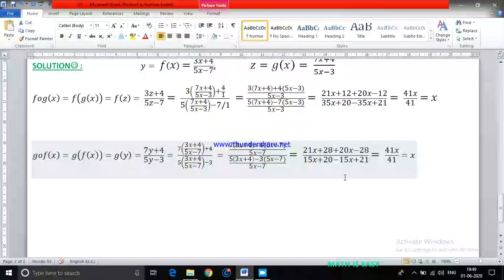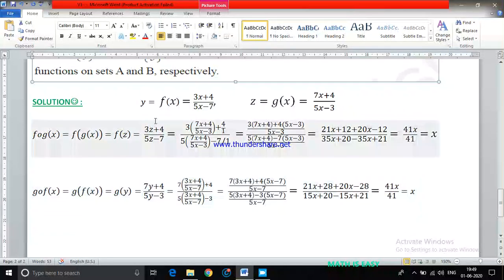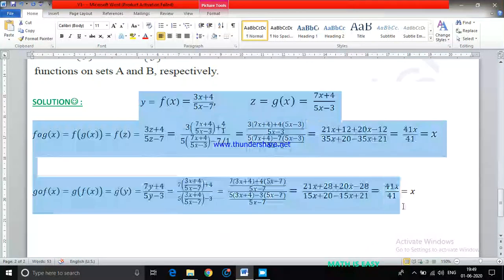Now here let me give the introduction to the inverse of a function. If I want to prove that any given function is invertible or inverse exists, then what I have to do is the same. Whatever you have done for this question, the same process goes on.